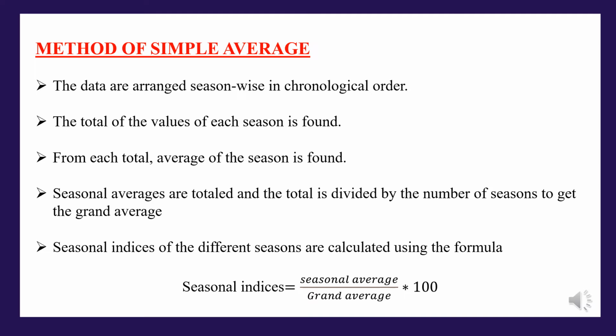From each total, average of the season is found. Seasonal averages are totaled and the total is divided by the number of seasons to get the grand average. Seasonal indices of different seasons are calculated using the formula: seasonal index equals seasonal average divided by grand average into 100.